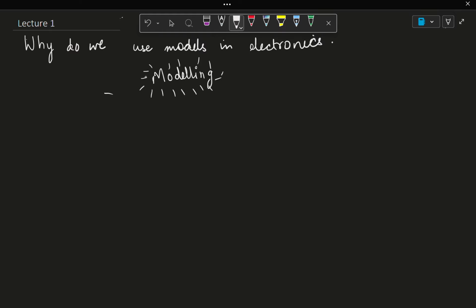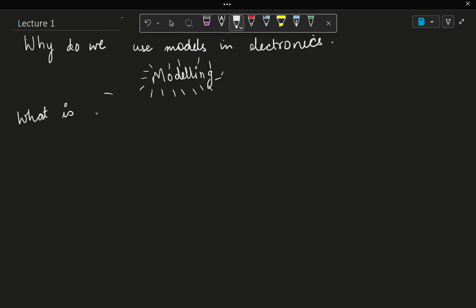Almost everything we analyze in electronics is based on a model and not on the real physical device itself. Understanding what a model is, why we use it, and when it fails is one of the most important skills for an engineer.